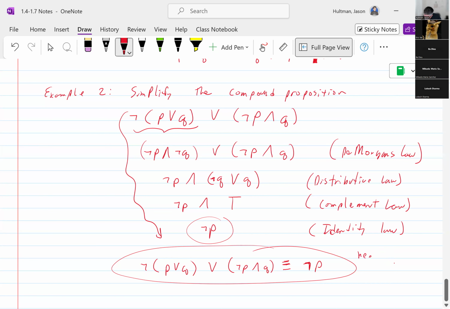You need to use a formal proof to prove logically equivalent.